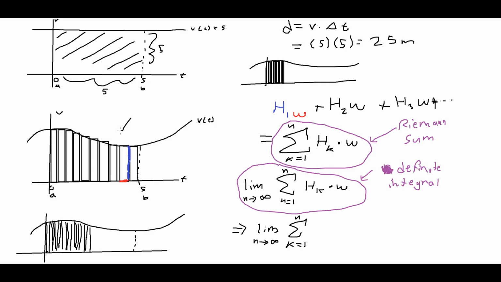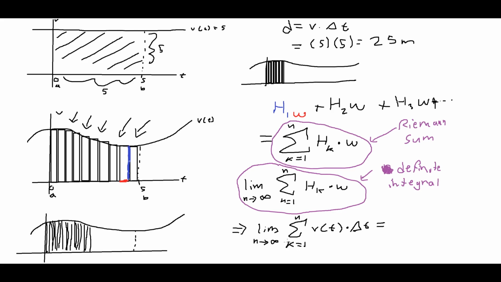If you really think about it, each height corresponds to the value of the function. So it can just be v of t, times the width of each rectangle, which is just the change in time of that width. So times delta t. Remember how delta t up here was the entire segment? Well, here delta t is each width that you're adding up. And this is now all equal.